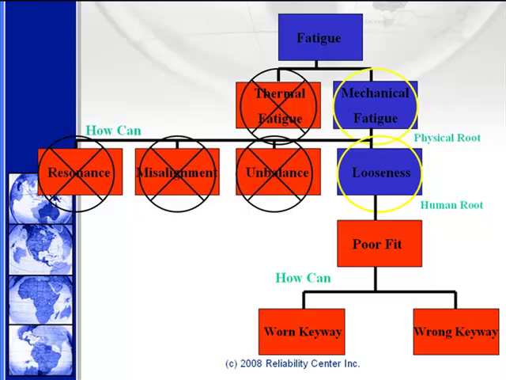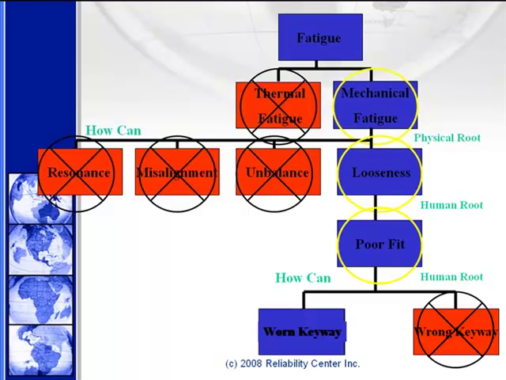As we continue the investigation and collect more data, we'll be able to identify further human and latent roots that can build a story. So in the case of the shaft that you saw earlier, there was a worn keyway which contributed to a poor fit.